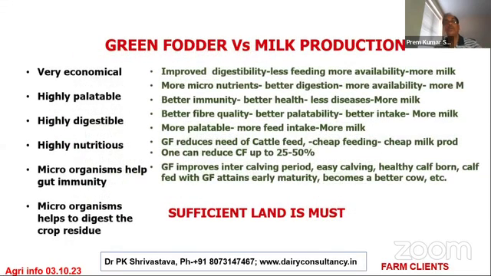Okay, so what should you look into in the fodder? Very economical. This is the quality of forage. Go and compare it with the concentrate, and you will find how much difference there is. Highly palatable, highly digestible, highly nutritious, and the microorganisms available on the plants, in the grasses, in the fodder, digest this very easily in the rumen, which is not present in the concentrate.